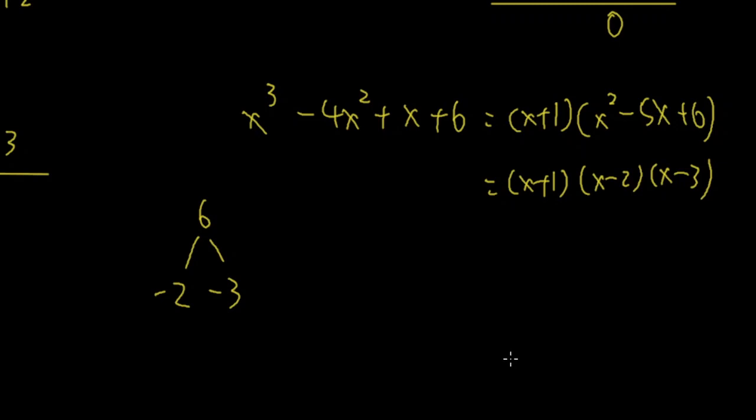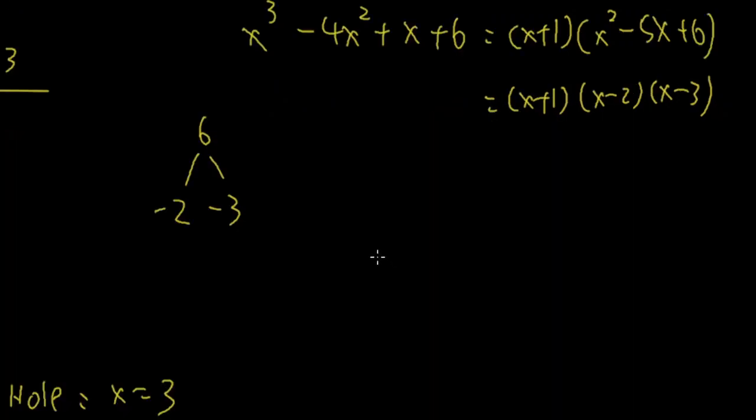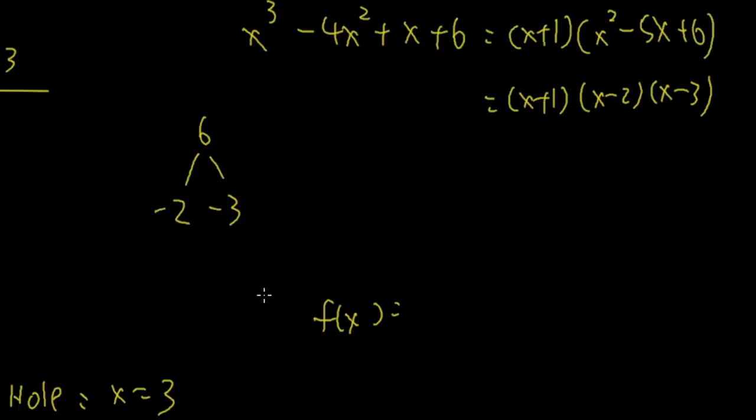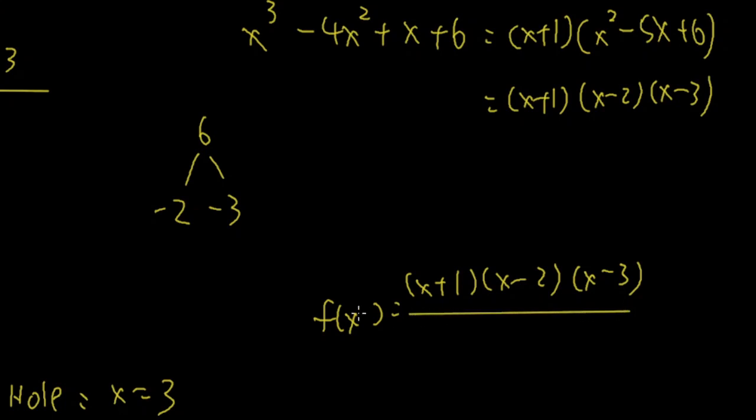Now we can rewrite the function. f of x equals x plus 1 times x minus 2 times x minus 3 divided by x minus 1.